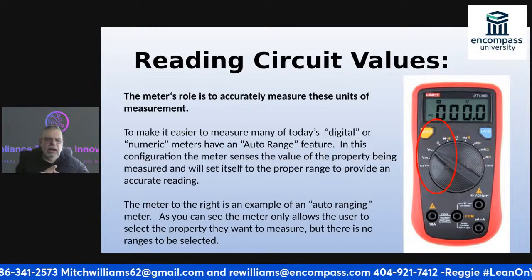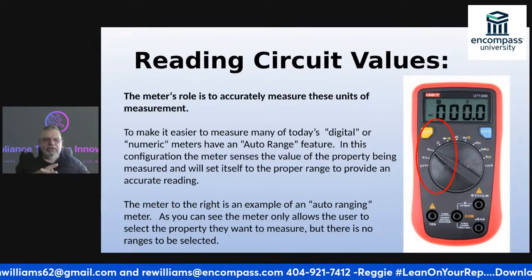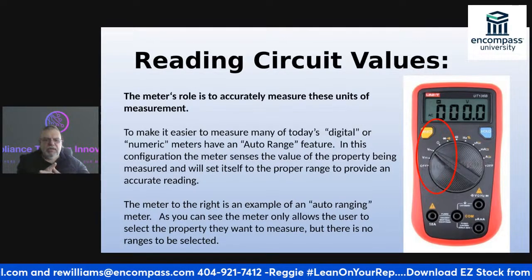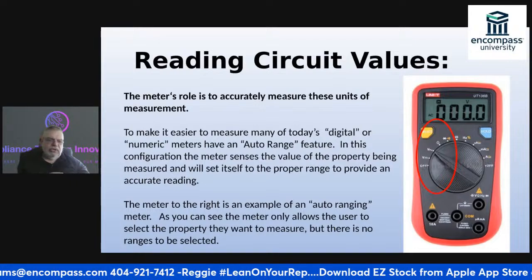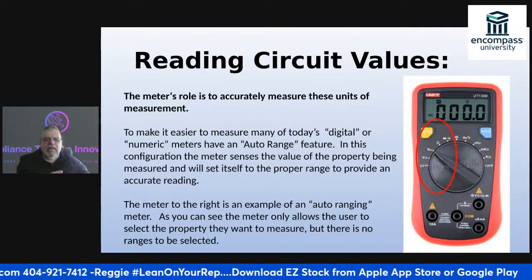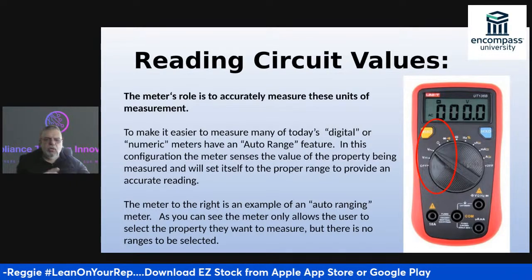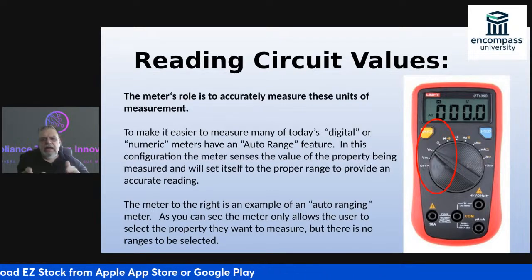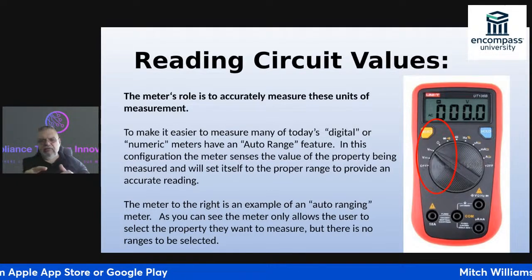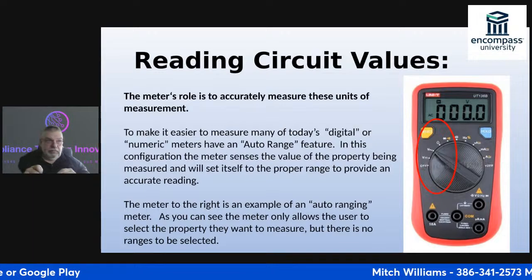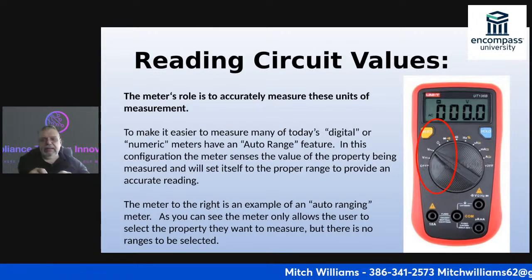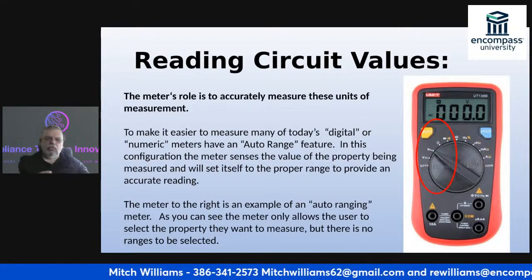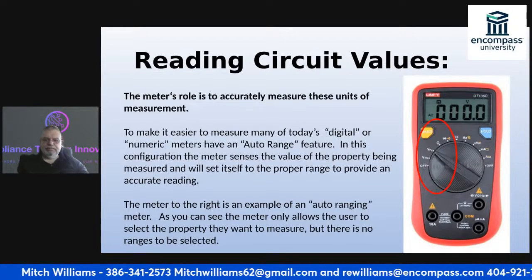The meter to the right is an example of an auto ranging meter, so it only allows the user to select the property they want to measure, but there are no ranges that they have to select. As we have gotten more sophisticated, they now use auto range meters.